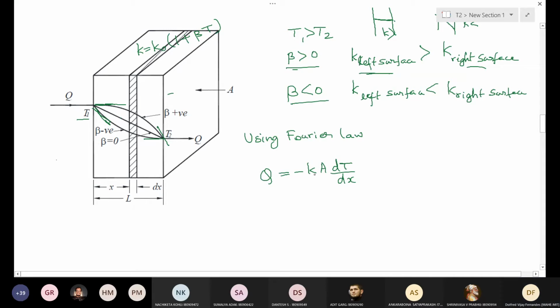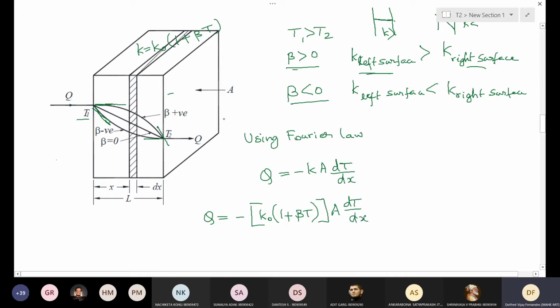Then substitute for K. Q equal to minus K0 into 1 plus beta T into A dT by dx.